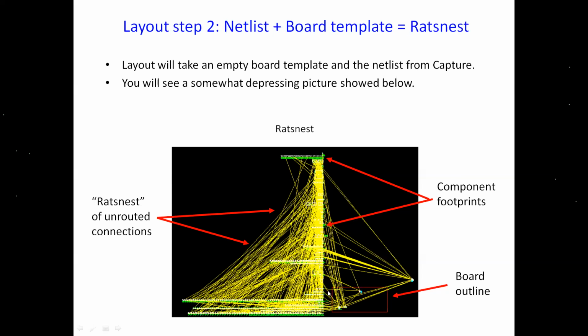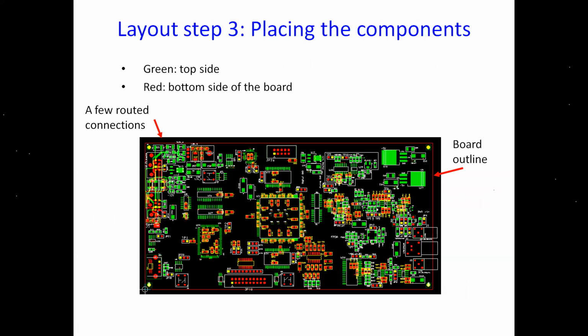So this is the board. Within this board outline you have to place all these components within this board size. And this red-yellow colored rubber band line shows the ratsnest, or connection information, which is taken from the schematic editor. After placing all the components within the board outline, it looks like this.